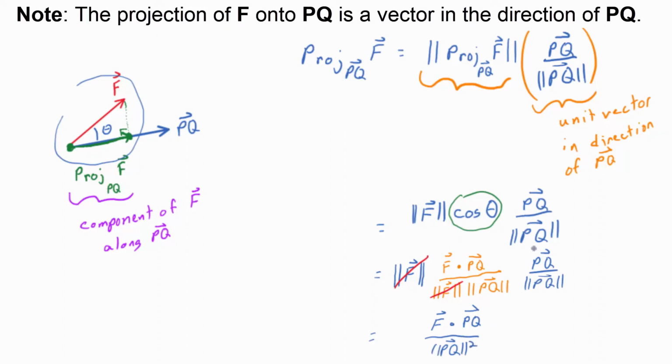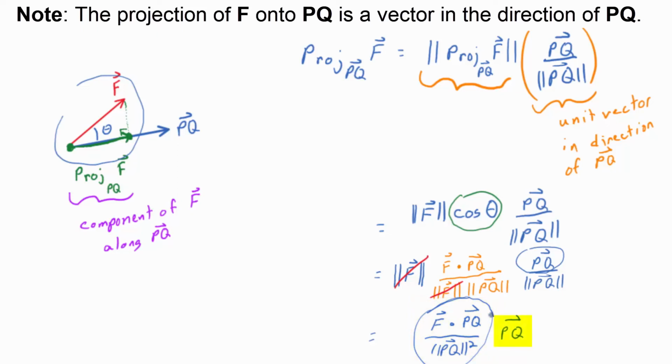And on the outside is this vector. Ultimately, what I circled is a scalar: dot product on top, magnitude on the bottom, both numerator and denominator are scalars. So it's a scalar times a vector.